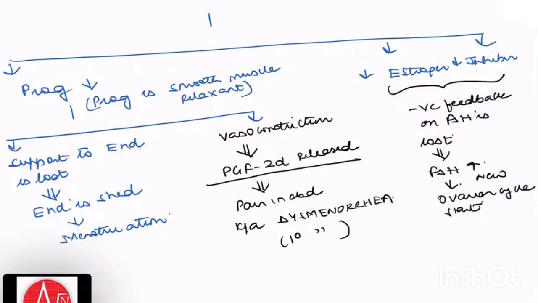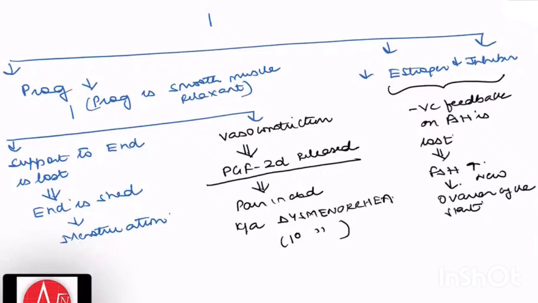फिर से ग्रैन्युलोसा सेल से ईस्ट्रोजन निकलेगा. ईस्ट्रोजन एंडोमेट्रियम को प्रोलिफरेट करेगा. It will have a negative feedback on FSH and a positive feedback on LH. Because estrogen has a positive feedback on LH, levels of LH will suddenly rise. And this is what is called LH surge.